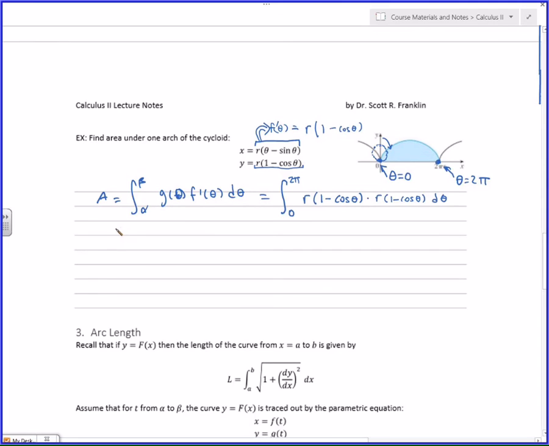All right, so here's what I've got then. I've got the integral from 0 to 2 pi of r squared times 1 minus cosine theta squared d theta. So how do we integrate this? Let's take the r outside. If I do substitution, I need a sine in there, right?